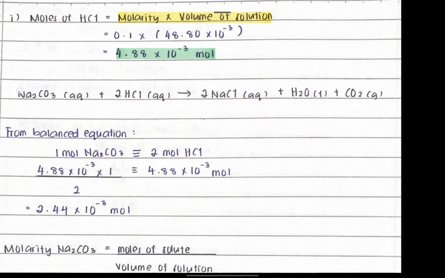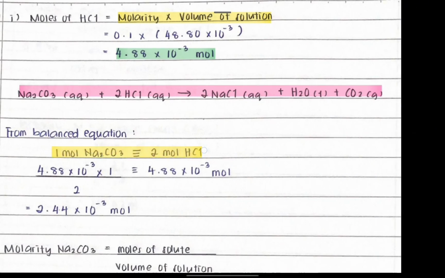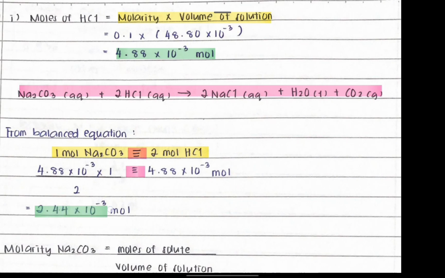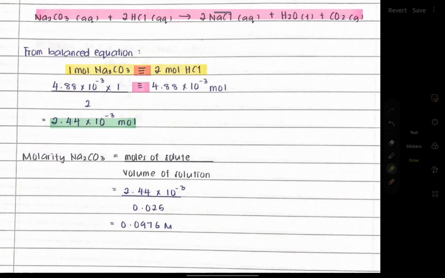Next, we need to write an equation to do the stoichiometry. Make sure it is balanced. Then from the balanced equation, we got 1 mole of Na2CO3 reacts with 2 moles of HCl. Make sure to use triple equal signs, which means equivalent. So we substitute the moles of HCl to find the moles of Na2CO3, which is 2.44 times 10 power of negative 3 moles.